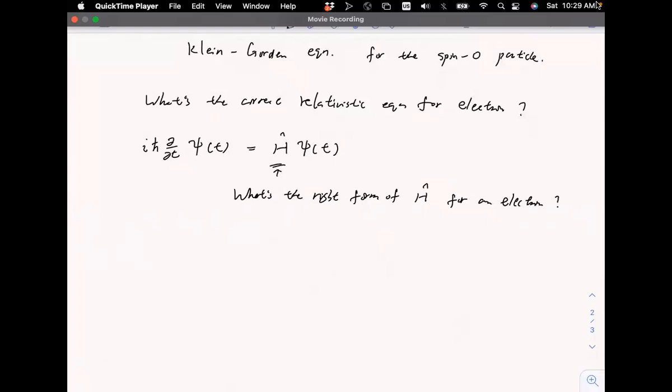Okay, for an electron. You cannot just guess from the classical form. Later you'll know, because classical mechanics does not include spin. So there's no classical analog of the Hamiltonian for the electron. It will be a Hamiltonian that you don't find in classical mechanics. It's something new. You need to find it.